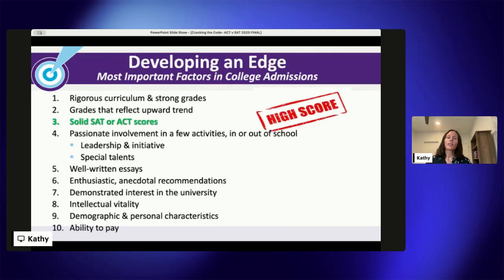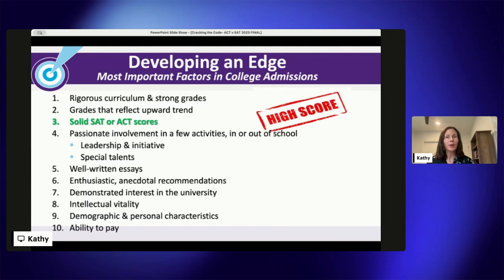All right, so looking at our most important factors in college admissions, you can see here that SAT or ACT scores do round out that academic piece of your application. So first and foremost, colleges, regardless of selectivity, want to see evidence that you are prepared to handle the rigors of a college education. So certainly first and foremost, students who are applying with full year grades from 9, 10, 11.